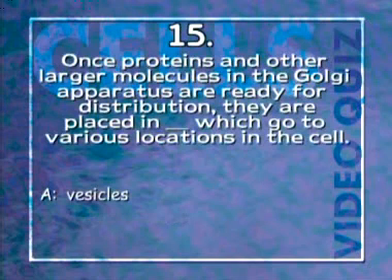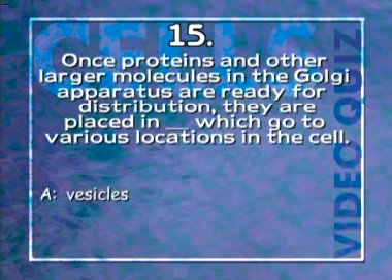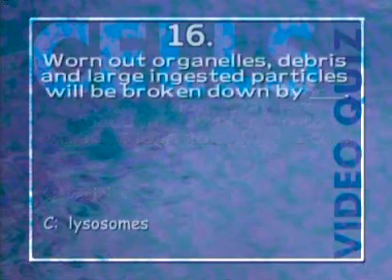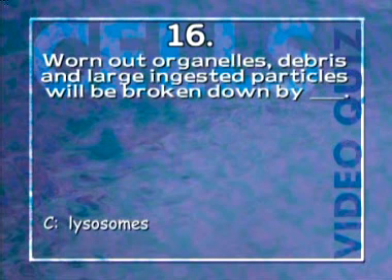Question 15. A. Once proteins and other larger molecules in the Golgi apparatus are ready for distribution, they are placed in vesicles which go to various locations in the cell. Question 16.